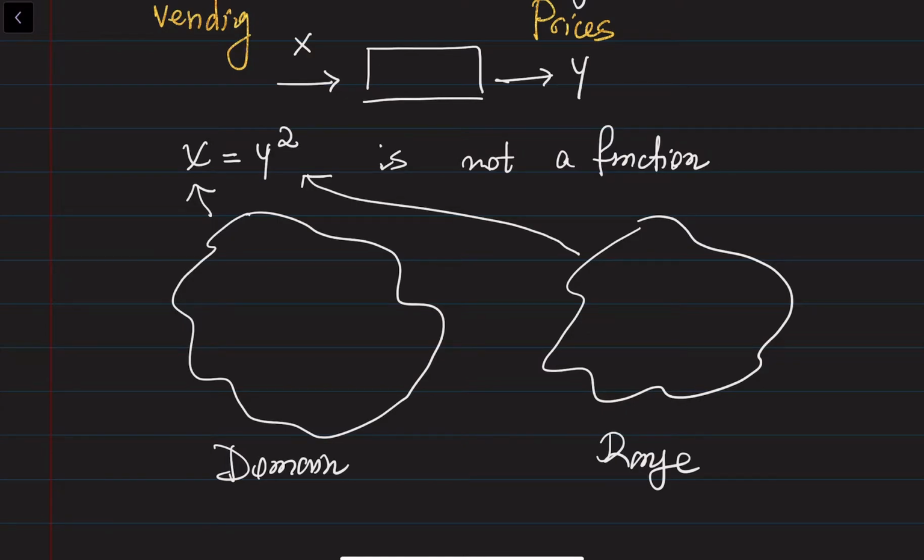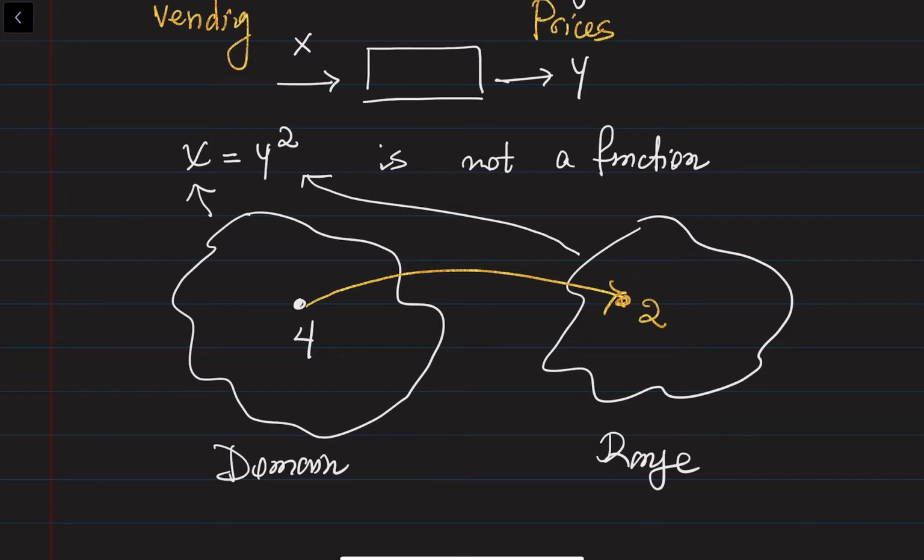Now, if x is equal to 4, where can I go in the range? I could go to 2, right? Because 2 squared is equal to 4. But the problem is that I can go to minus 2 as well.